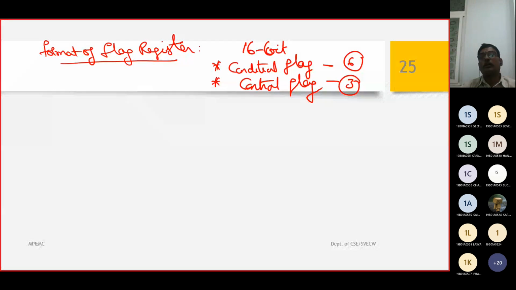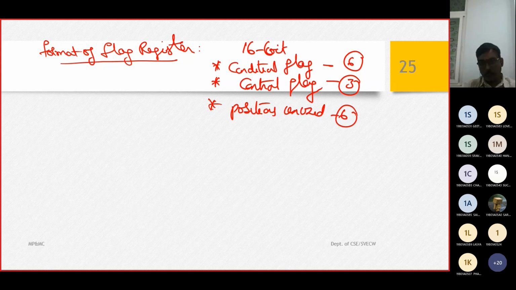So the remaining positions are unused. How many are unused? We are going to say 6 are unused. So 6 plus 3 plus 6, we are going to have this 15-bit.